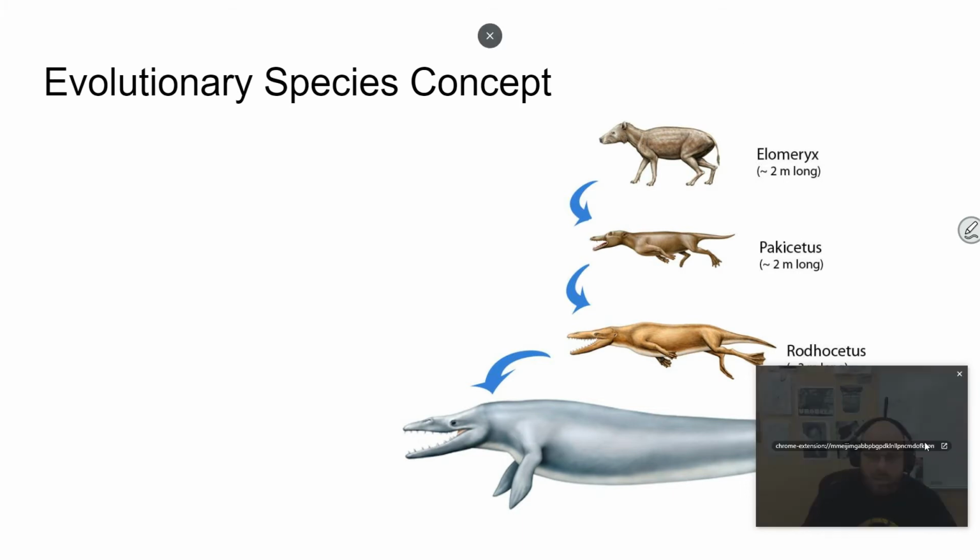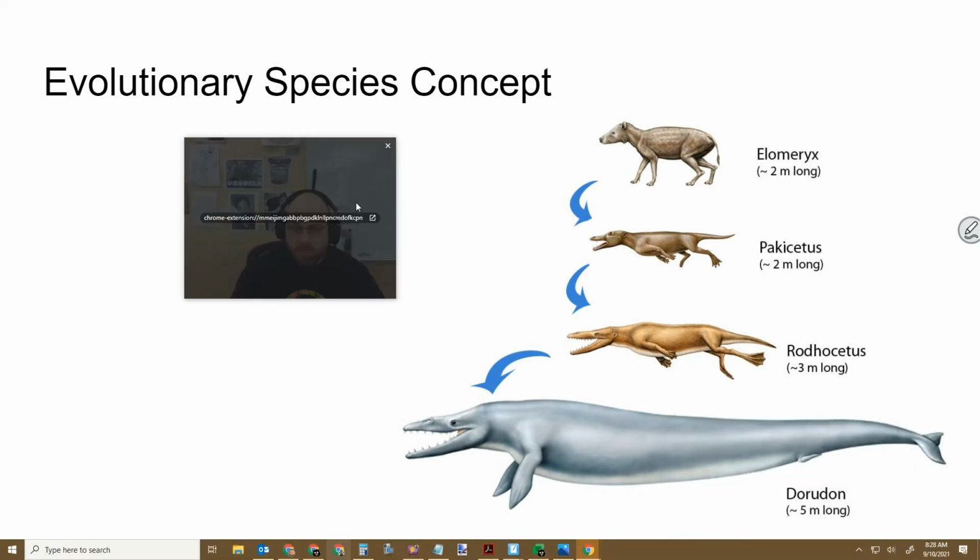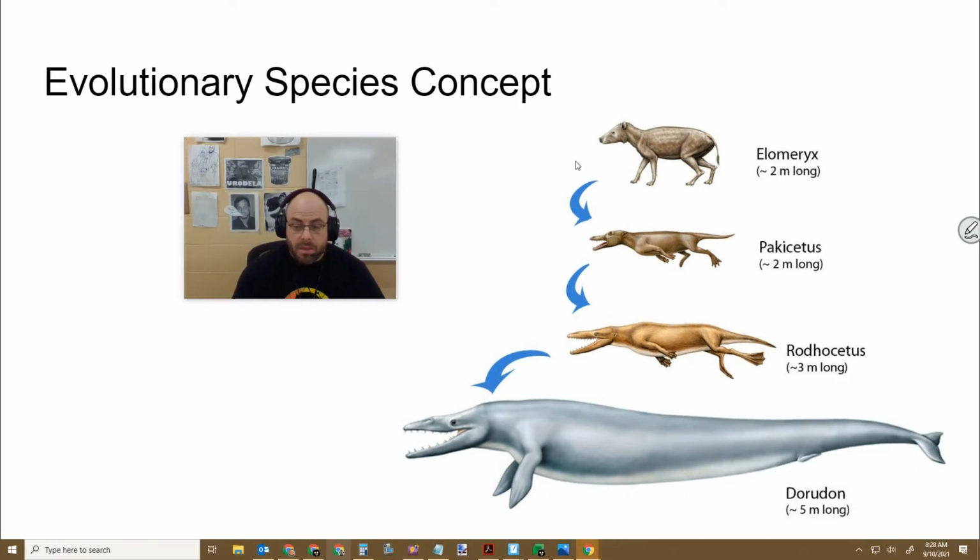So here you have what is thought to be the ancestor to whales, and then you have this more aquatic form, slowly reaching more into this aquatic area, and then you have a species that eventually loses its hind legs because it's just not as efficient to have hind legs if you're going to be a really good swimmer. And so this shows just a single lineage.